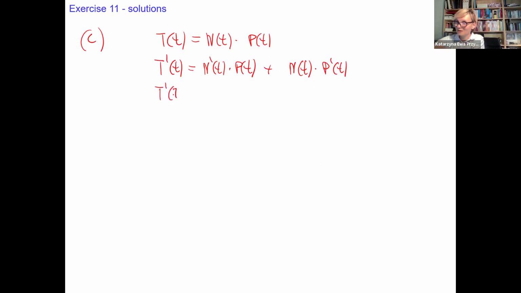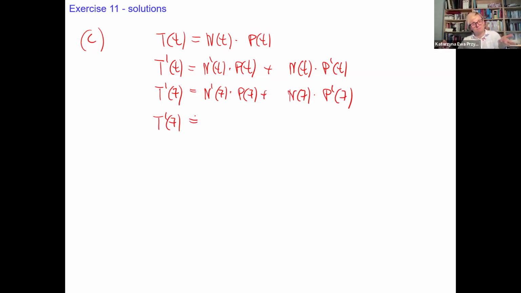And now we can do everything at 7. Please tell me all of these numbers. Number at day 7, derivative. Let's do it, and we can check if it's positive or negative. If it's positive at 7, it's increasing.